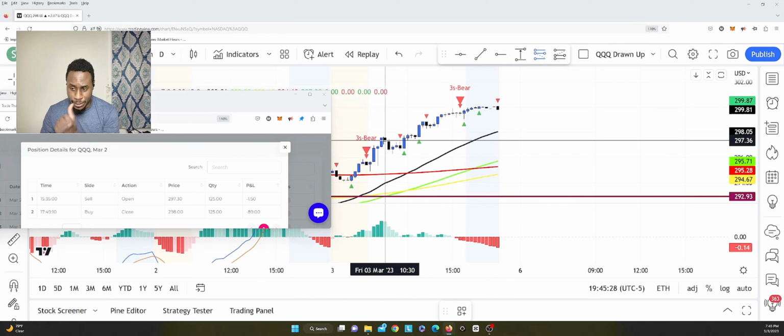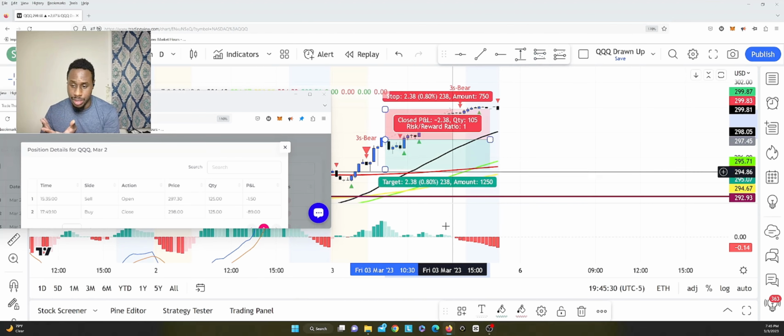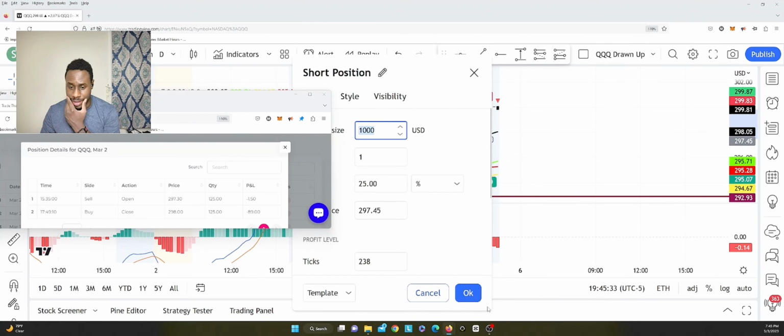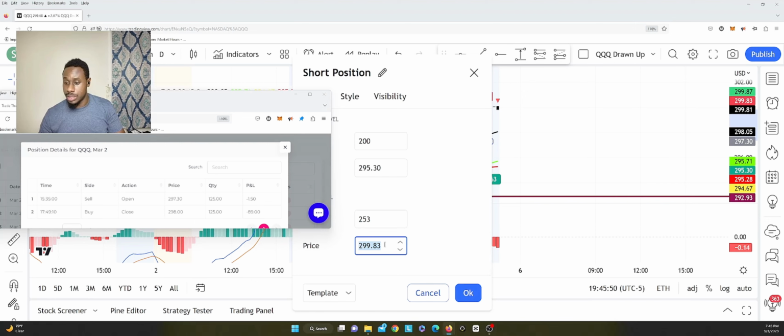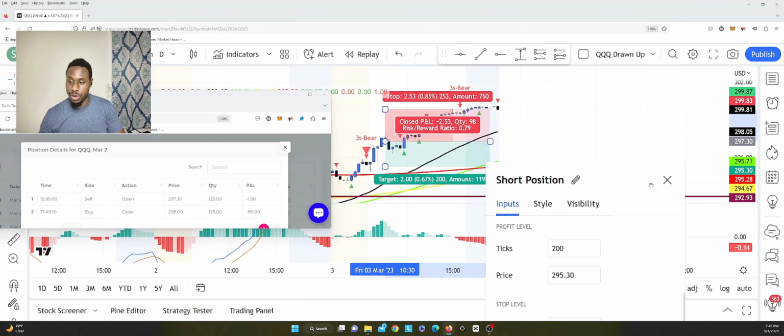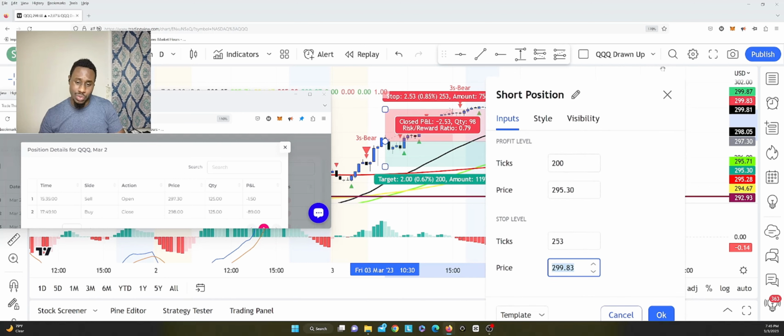So I entered to the short side on the 10:30 candle, right? The entry price was at 29730, and then I generally go for two times the profit. So ideally my profit would have been 29530 to make around $200. And then the stop loss, I was looking for a risk of 298.